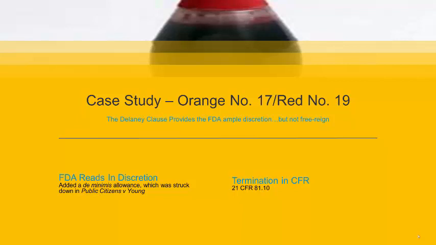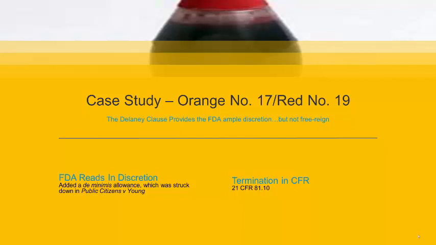And that was what they did, and that was the argument that they made for Orange No. 17 and Red No. 19. There was some evidence that it induced cancer, but it was a de minimis risk. It was a small risk in the view of the FDA. And so when they provided a final listing away from the provisional listing and gave it approval, they ignored that prohibition in the Delaney clause because it was de minimis, and they gave it approval.